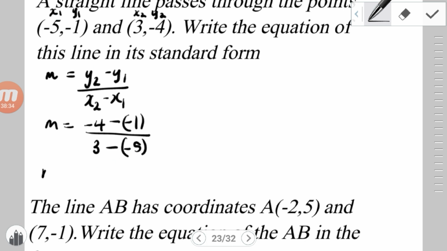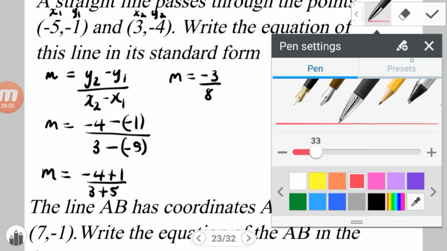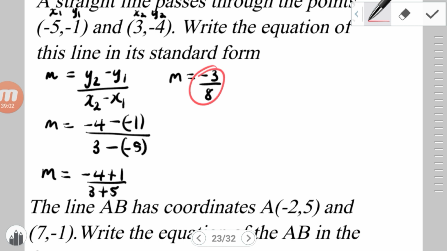So m evaluates to -4 plus 1 over 3 plus 5, by removing those clash signs. M works out to be -4 plus 1 is -3, and 3 plus 5 is 8. So the gradient of our line here is -3/8.